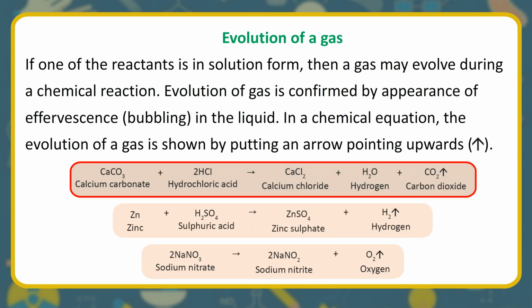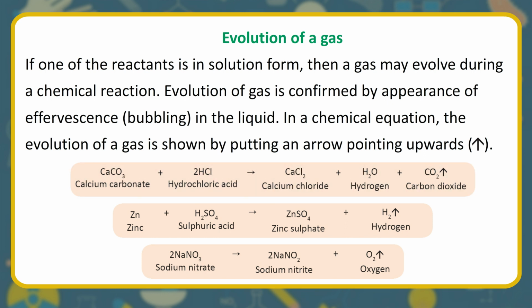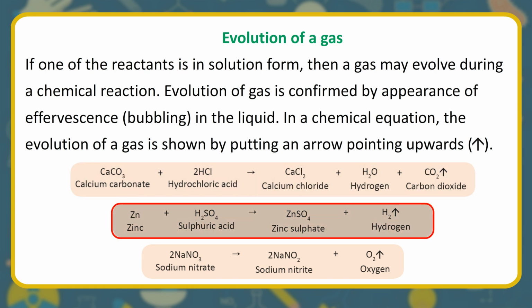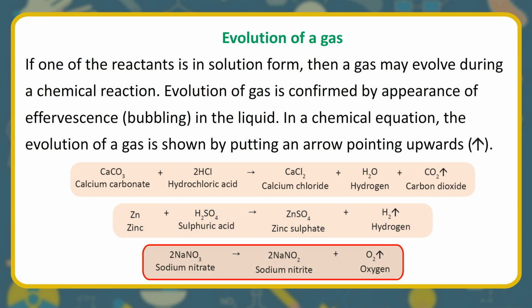CaCO3, calcium carbonate, plus 2HCl, hydrochloric acid, gives CaCl2, calcium chloride, plus H2O, water, plus CO2, carbon dioxide. Zn, zinc, plus H2SO4, sulfuric acid, gives ZnSO4, zinc sulfate, plus H2, hydrogen.